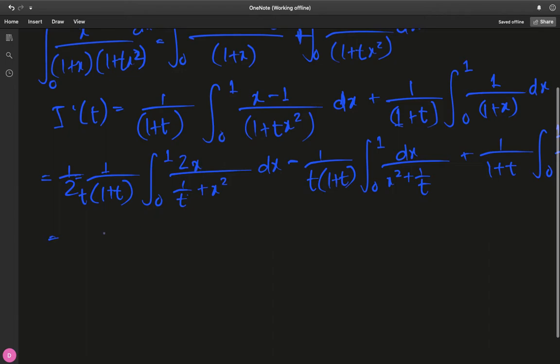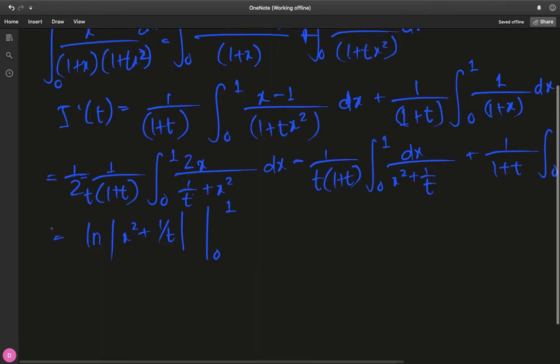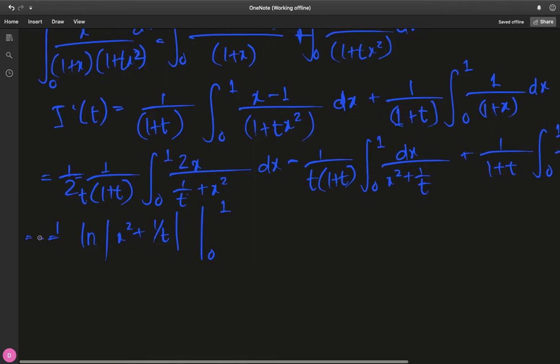And this is a classic form of natural log of the denominator, because if you have the derivative of the denominator present on top divided by the denominator, you have the natural log of the absolute value of the denominator, which is x squared plus 1 over t. But since it's a definite integral, we need to evaluate that from 0 to 1. And don't forget all the constants that were present on this side. So we had 1 over 2 times t times 1 plus t.